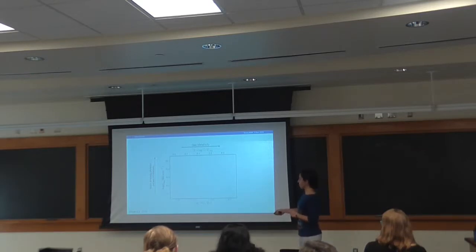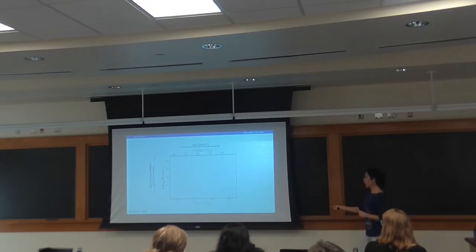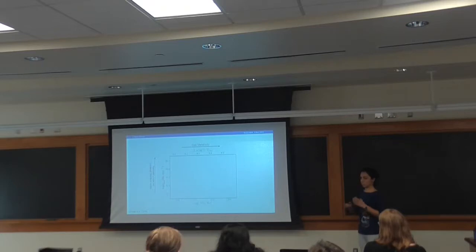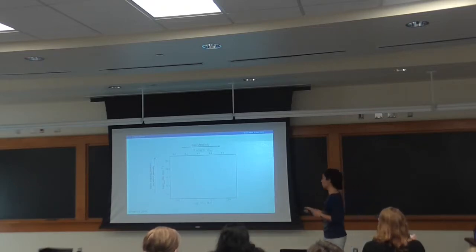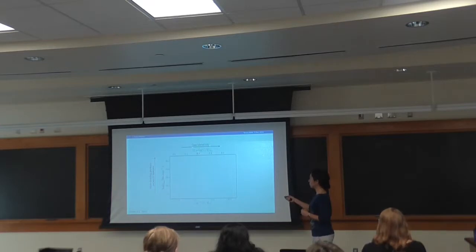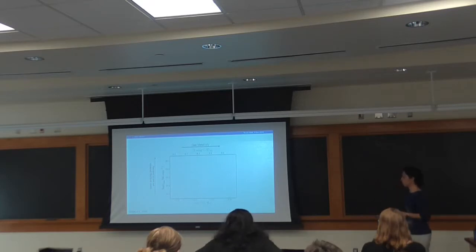On the y-axis, we have psi-ion, the ionizing photon production efficiency. On the x-axis, I'm showing the ratio of N2 to H alpha, using the empirical calibrations from local studies, converted to gas phase metallicity. So metallicity is increasing in this direction.